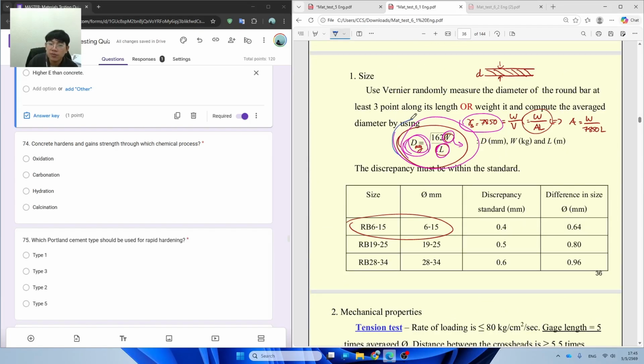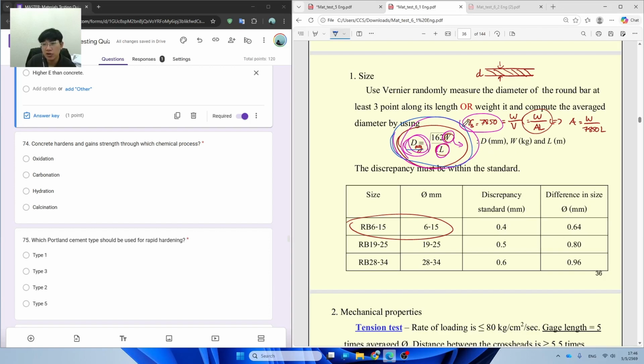Okay, and this one is the method for how we find the diameters of the deform bar, because using a vernier caliper is really hard to get the diameters because it has ribs, so if we measure 3 times, maybe we cannot get exactly the same area for all 3 times.